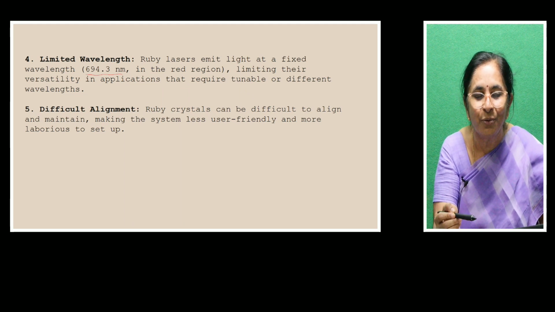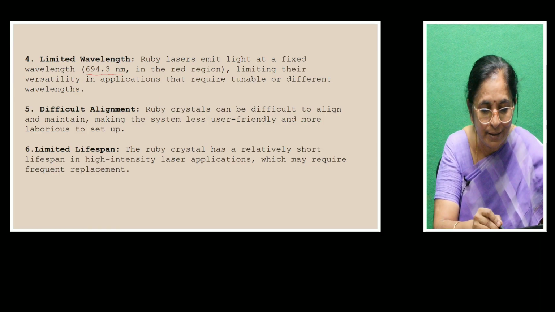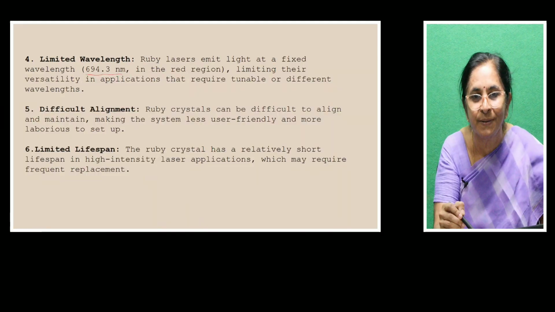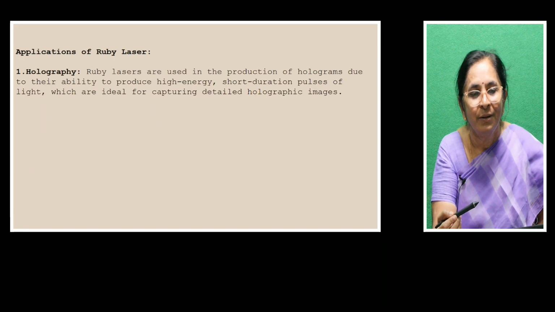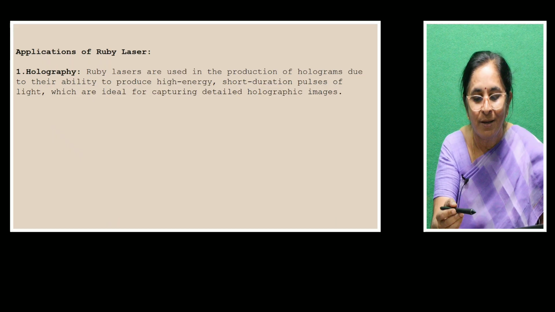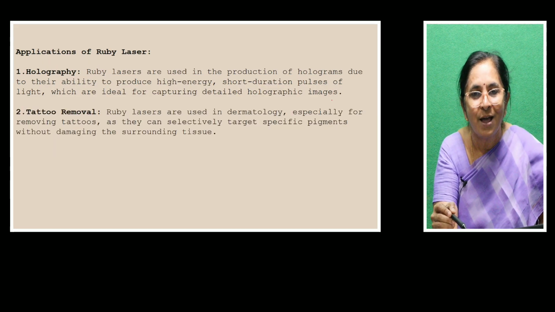Setting up the cooling arrangements and the xenon lamp is not very user friendly, and the ruby crystals have a very limited lifespan. If you use it for high intensity laser applications and they get spoiled, you have to replace the ruby crystal.